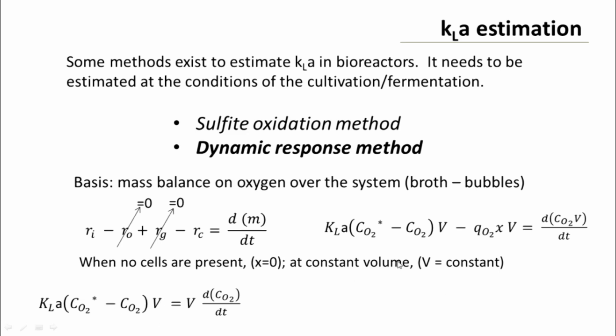Now we can cancel the two V's, and therefore KLa (CO2 star minus CO2) equals dCO2/dt. This gives us the basis for the dynamic response method. The dynamic response method is carried out in the absence of cells. The KLa is estimated in the actual broth, that's okay, but no cells are present.